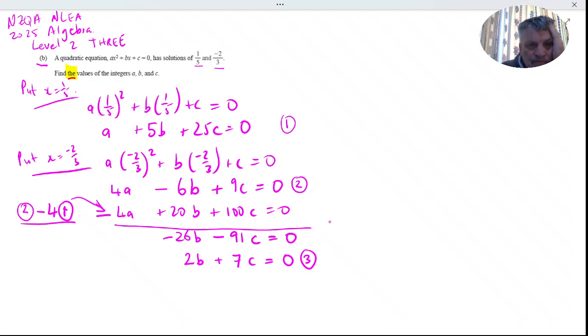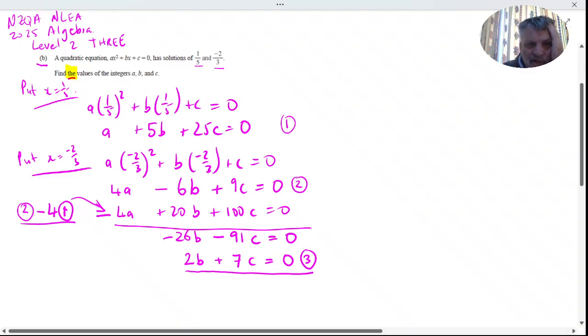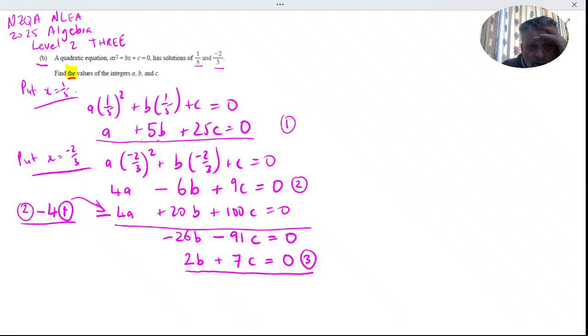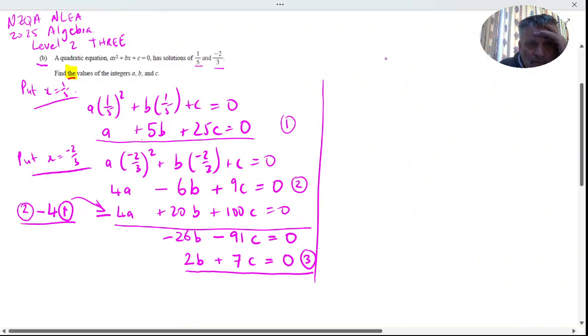And then if we use this equation that we've just obtained and this equation here, we can eliminate the b's out of this top equation up here. So let's go down the side.